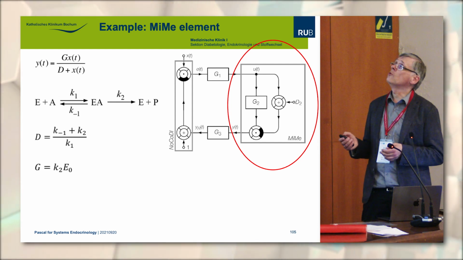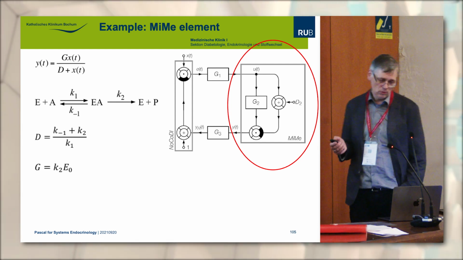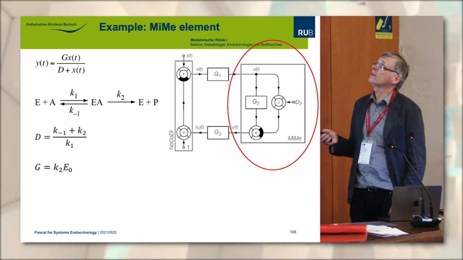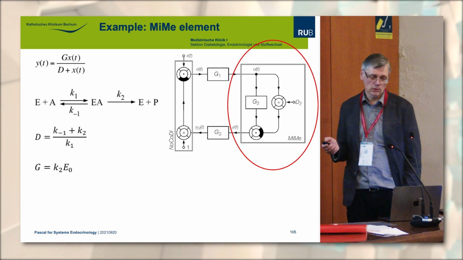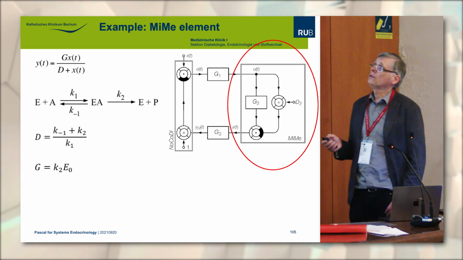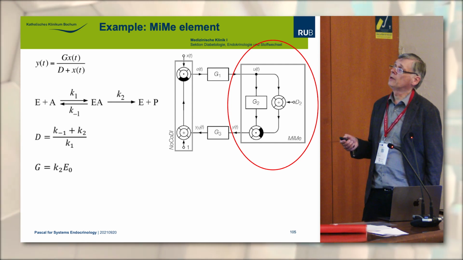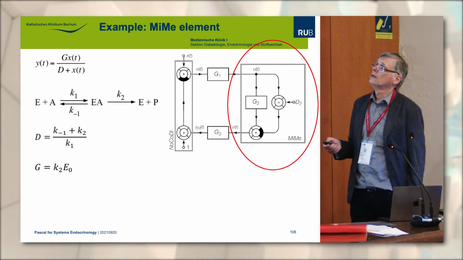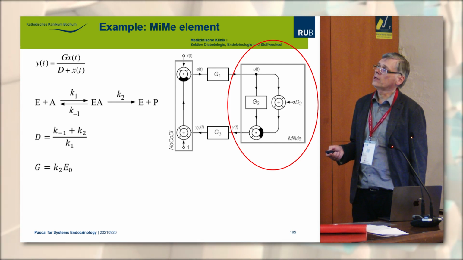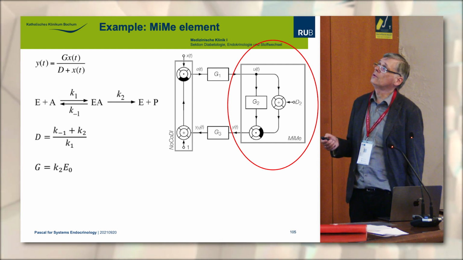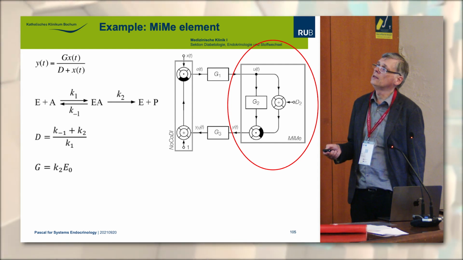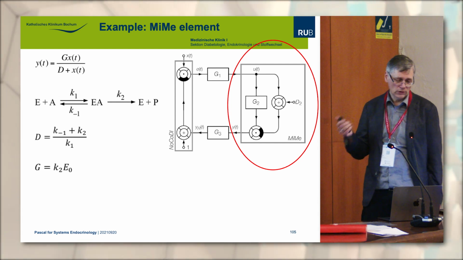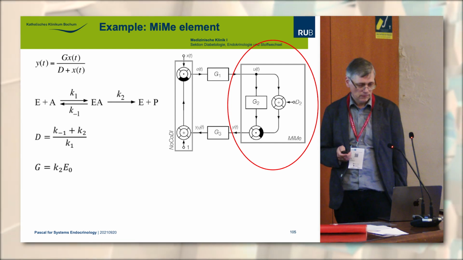And let's go back to the Maimno-Cody feedback loop, which we already learned about. And let's look at this Michaelis-Menten kinetics here on the right. This derives from these chemical reactions, which I showed you already. And what is important is that we can express these two variables, G and D, in terms of these rate constants of the chemical reaction.